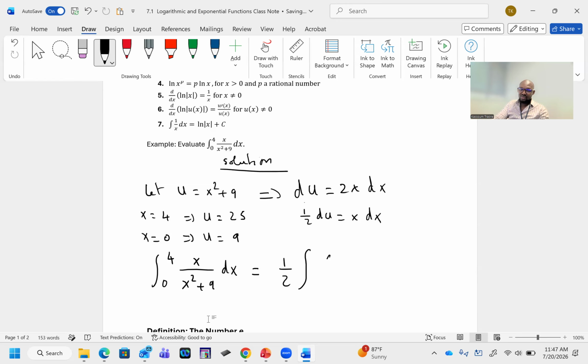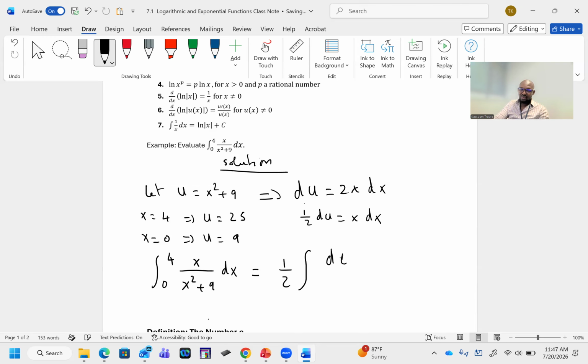So du over x squared plus 9, which is u. So do you see? We have u prime divided by u of x because du stands for u prime of x, right? Or if I want, I can set 1 divided by u times du. So you know in both cases what it means. And the limit of integration is what? 9 to 25. Then we will evaluate this one now.